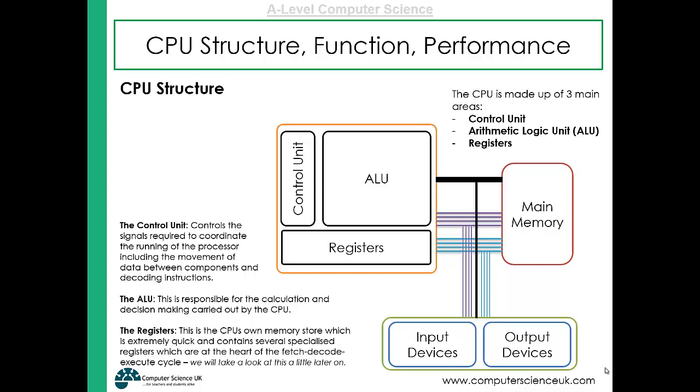Now, if it helps, you can think of the CPU's three main areas working together a little bit like an airport would work. You've got the control unit, which oversees the workings of the CPU, sends out all of those control signals. You can think of that as the control tower in an airport, looking over the airport, making sure that aeroplanes are queued up and only go onto the runway when it is safe to do so.